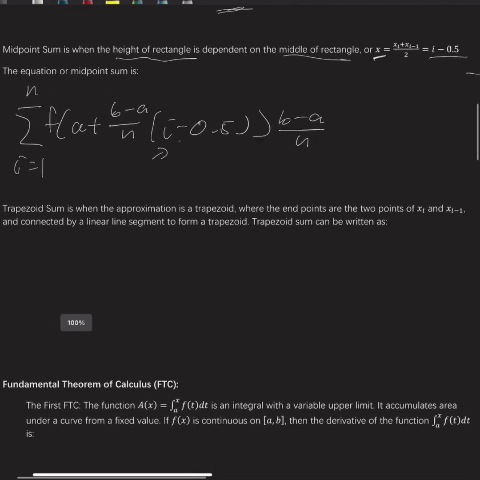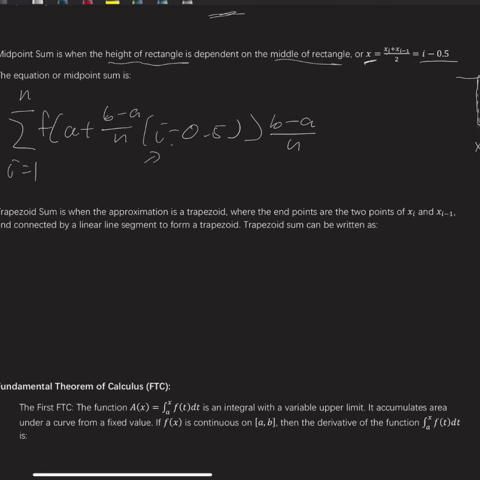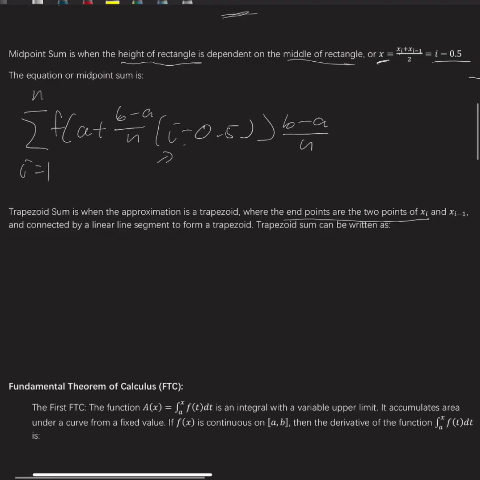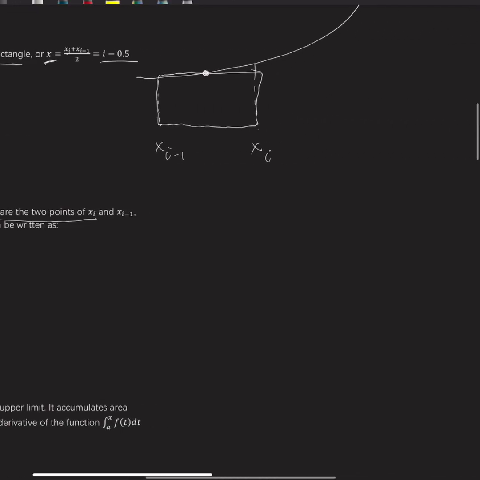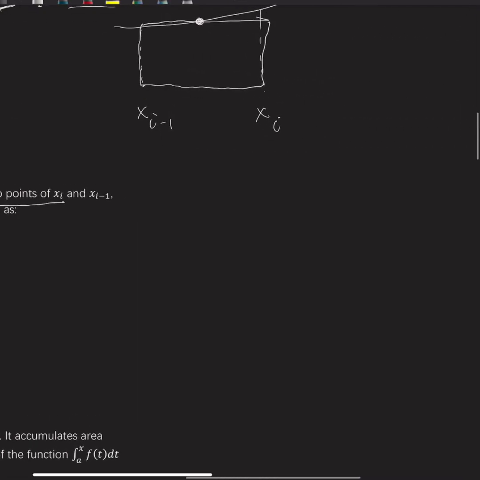The trapezoid sum is the approximation where the endpoints are the two points x_i and x_{i-1}, connected by a linear line segment to form a trapezoid. So we still have the same curve. You've got point a, point b.